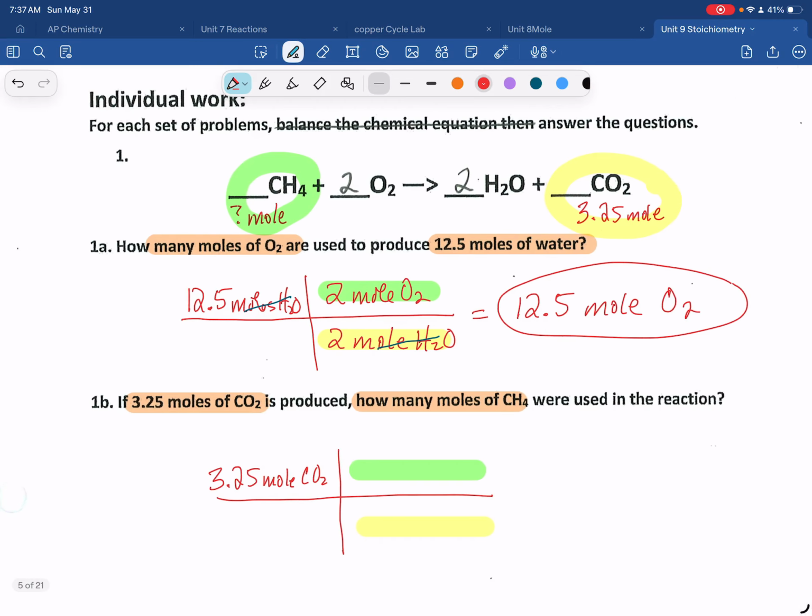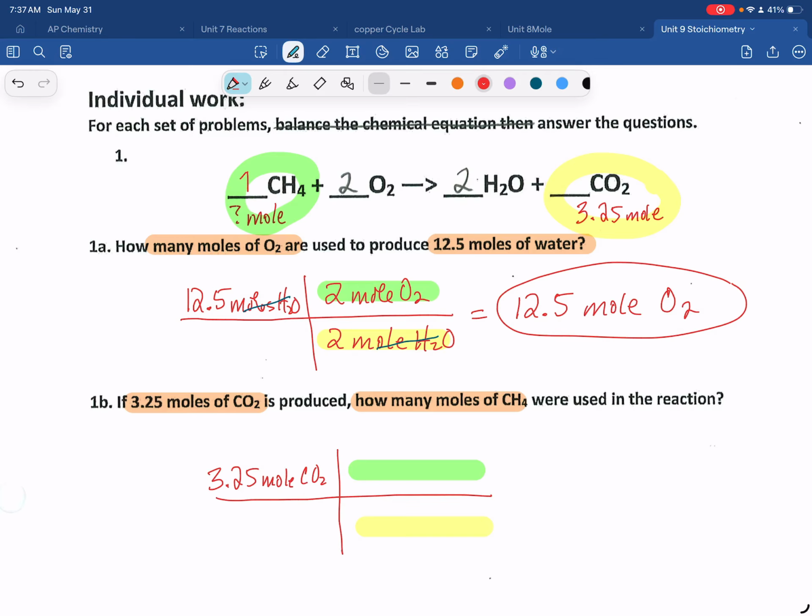If there's nothing there in the blank, that's a 1. So for every 1 mole of CH4 reacted, there's a 1 as well, we produce 1 mole of CO2. That couldn't be easier because it doesn't change. So 3.25 times 1 divided by 1 gives us, you guessed it, 3.25 moles of CH4.